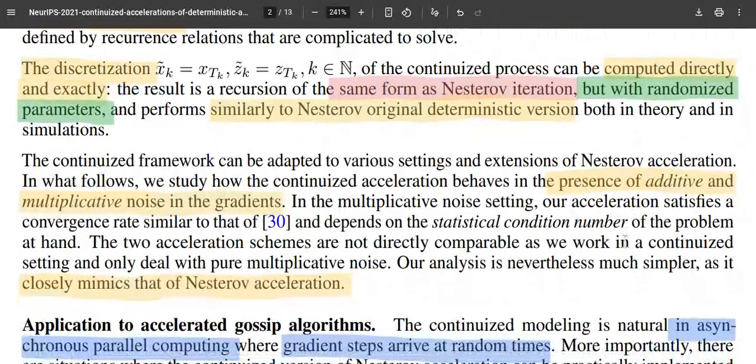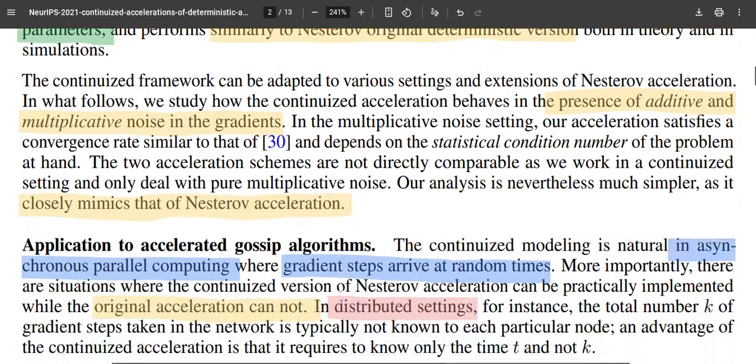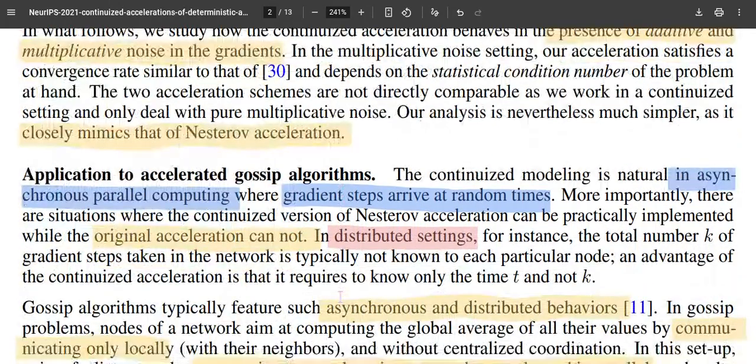So it closely mimics the original version of the Nesterov acceleration when we go to the discrete part of the continuous version. In addition, introducing the stochastic parameters that happen at random times also helps in setting up these acceleration techniques or gradient optimization methods in asynchronous parallel computing, which helps improve the computational time.